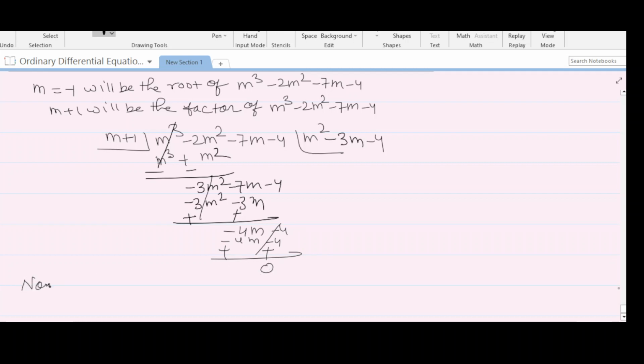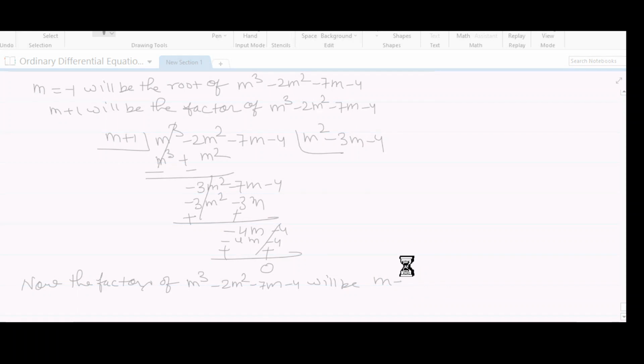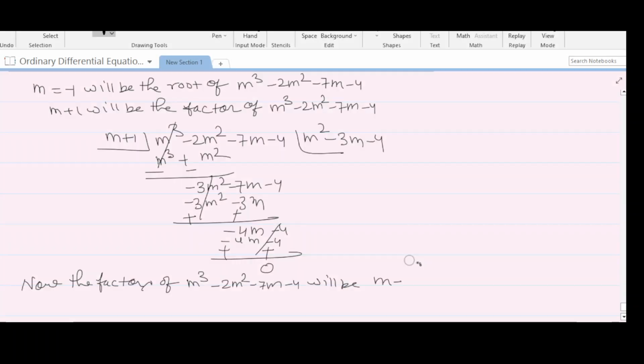Now the factors of equation 2. Now the factors of m cube minus 2m square minus 7m minus 4 will be m plus 1 and m square minus 3m minus 4, right?